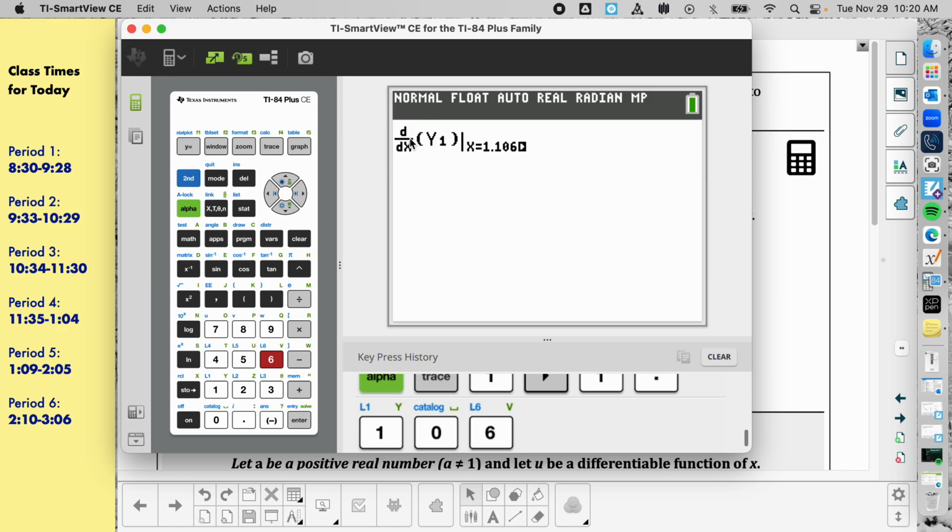I just want to know the slope of this equation at this number. Rather than me finding the derivative by hand, typing it in by hand, I can just tell it what to do. And you would have got the same answer. It's not like it was difficult. But learning to use your calculator efficiently is a huge help.